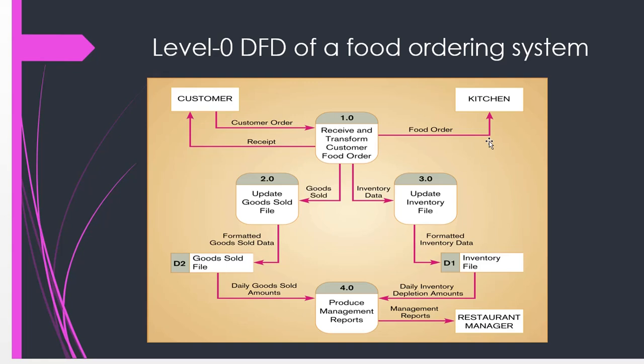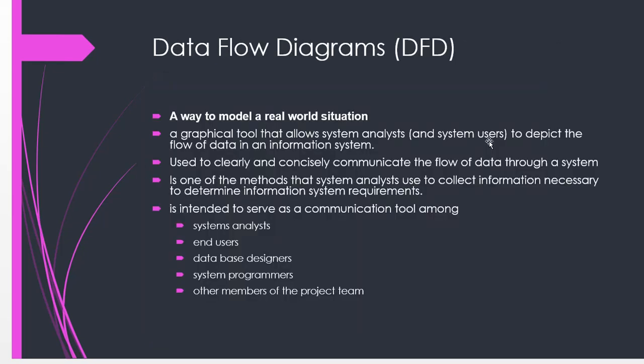So a data flow diagram is supposed to show and depict the flow of data within a system. This helps us to clearly show the communication and the flow of data through a system.